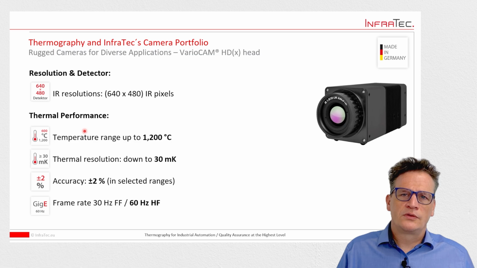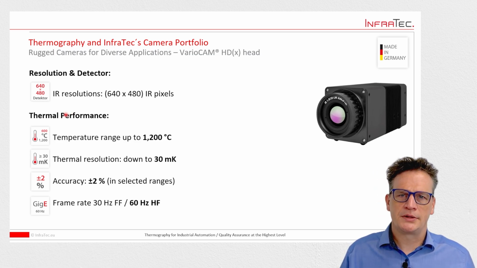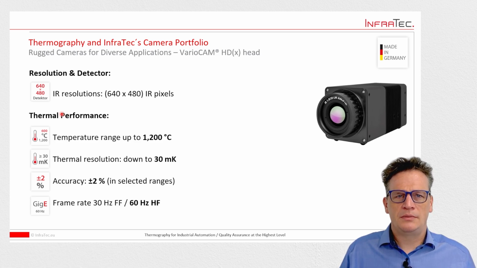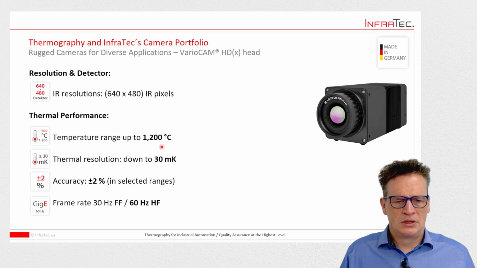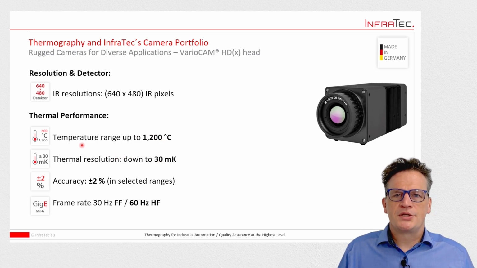Still with a strong performance, the VarioCam HDX Head. This version is ideal for applications where extreme detail is not required, but reliability and stability are the key. The thermal performance is slightly lower than for the VarioCam HD.